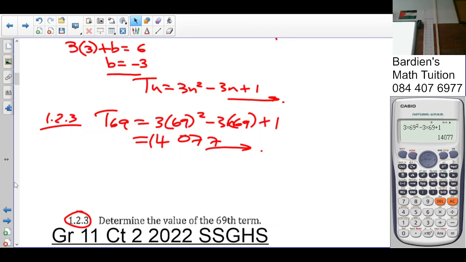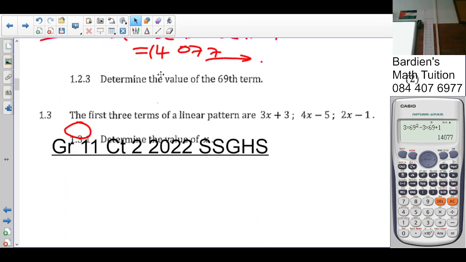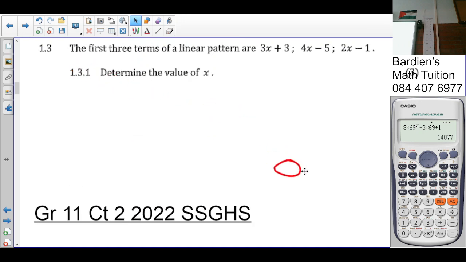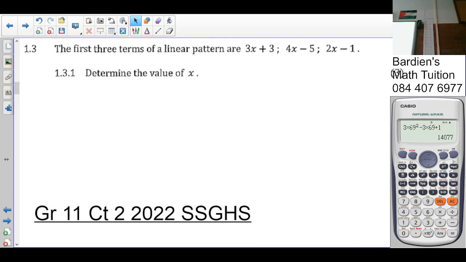Okay. The next question, they ask you about the first 3 terms of a linear pattern, which are 3x plus 3, 4x minus 5, and 2x minus 1. So the question says determine the value of x. So what is exclusive to linear patterns?